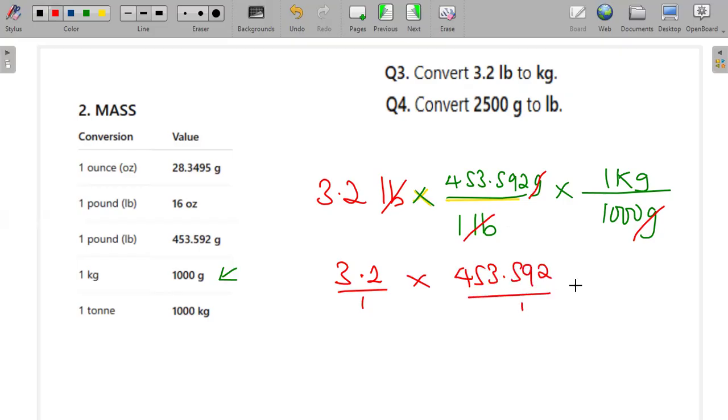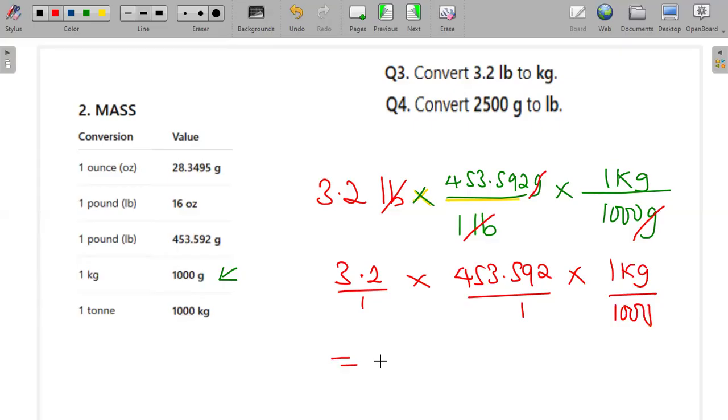453.592 over 1 multiplied by 1 kg over 1,000. So this is what we have. On my calculator, I'm going to do 3.2 multiplied by 453.592 multiplied by 1, and then I'm going to divide all this by 1,000.